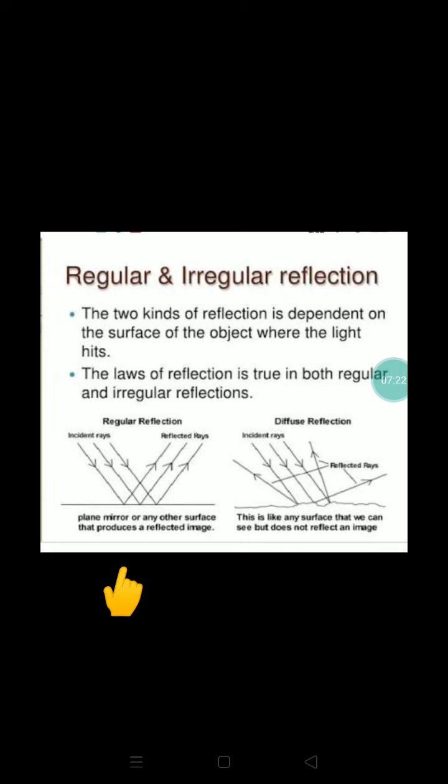And there are two types of reflection. First one, regular reflection, and the second one, irregular reflection. So what is the difference between regular reflection and irregular reflection? Look at these two figures. This figure represents the regular reflection and this figure represents irregular reflection.